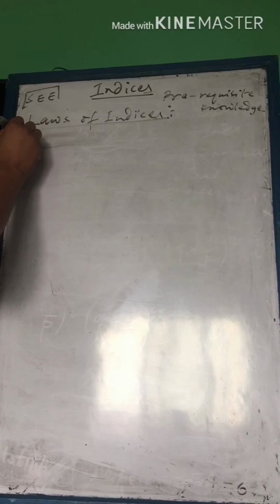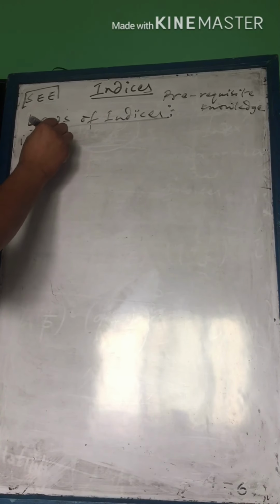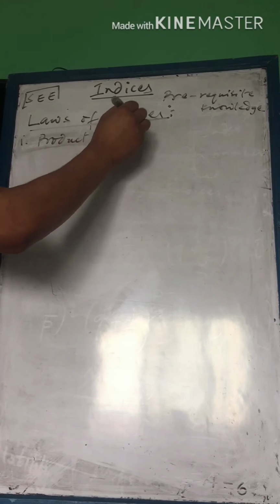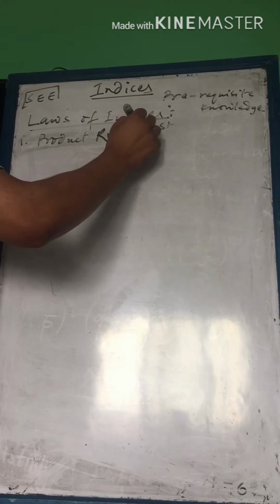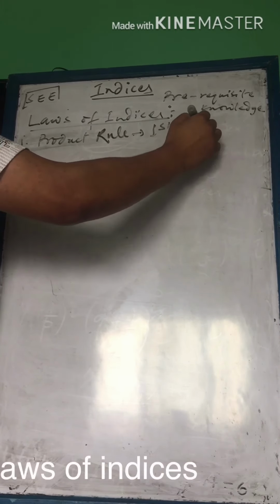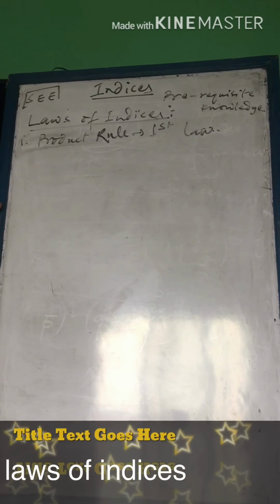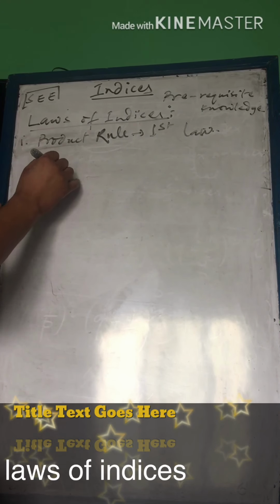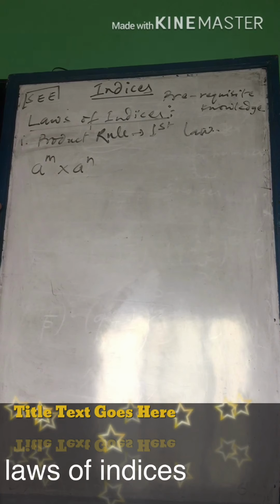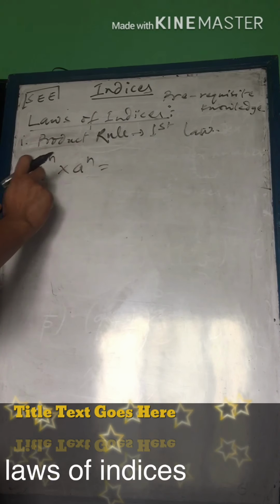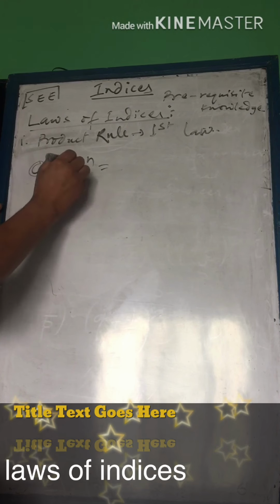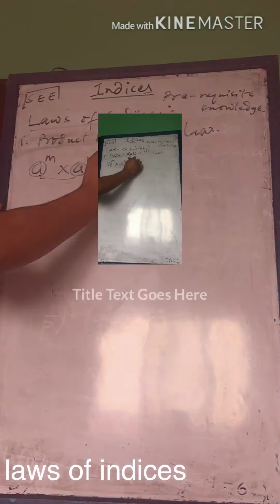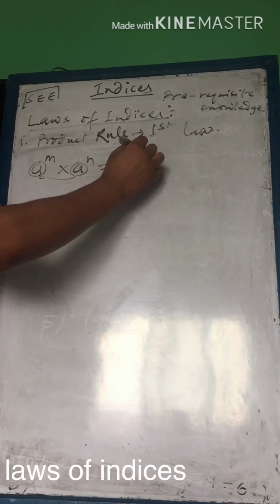The first one is the product law or product rule, also known as the first law. When indices having the same base are in multiplication form, they can be multiplied by keeping their base the same and adding their powers.